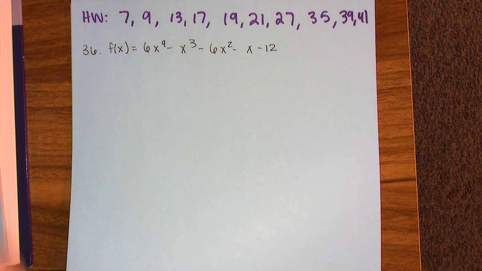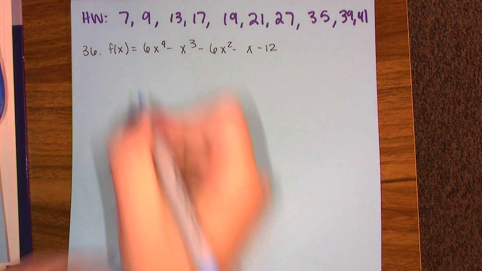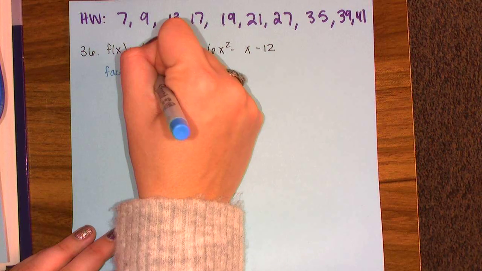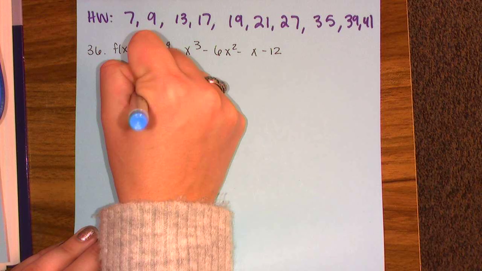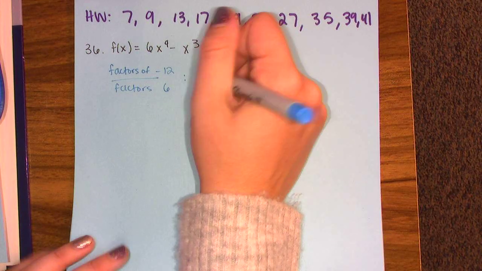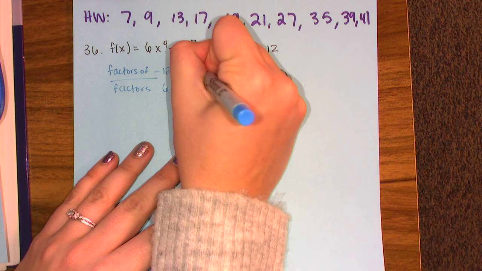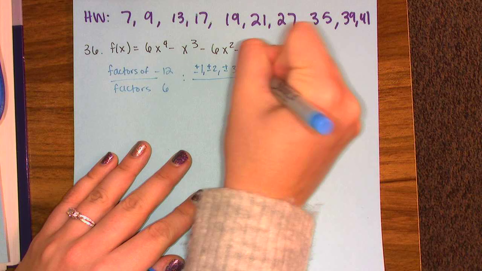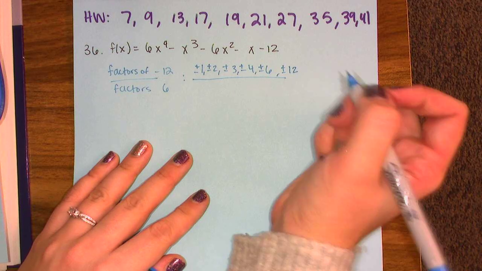So on top I need the factors of the constant coefficient, which is negative 12, over the factors of the leading coefficient, 6. So factors of 12, and then factors of 6.